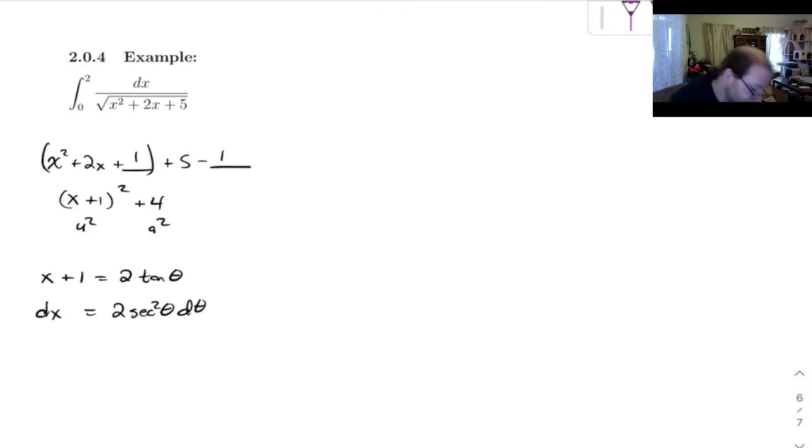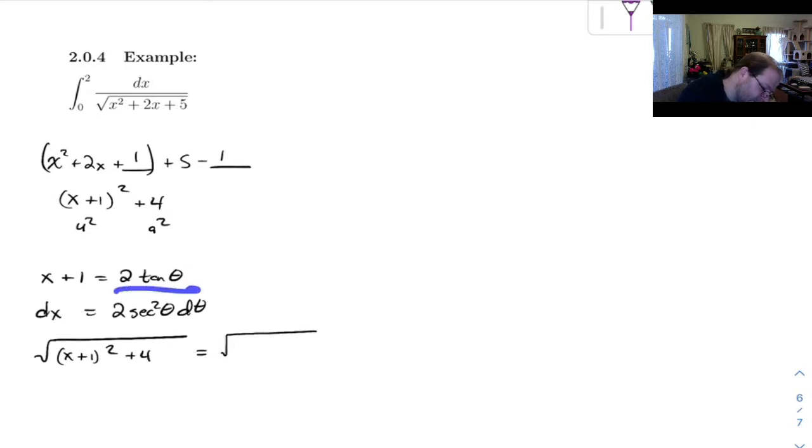And my radical, it's the square root of this stuff, which we changed into this. So the square root of x plus 1 squared plus 4. X plus 1 is this, so that becomes 4 tan squared theta plus 4.